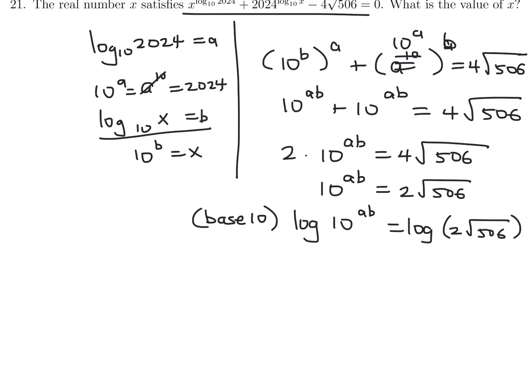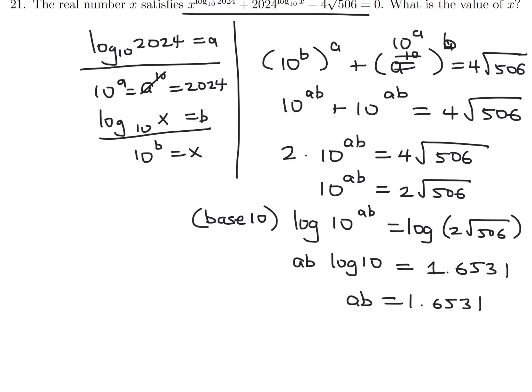Now you can use your calculator to figure this right side out. That's going to be about 1.6531. And the AB comes out front, and the log of 10 is just 1, so that just becomes AB is equal to 1.6531. And A actually is a number. It's the log of 2024 to the base 10.